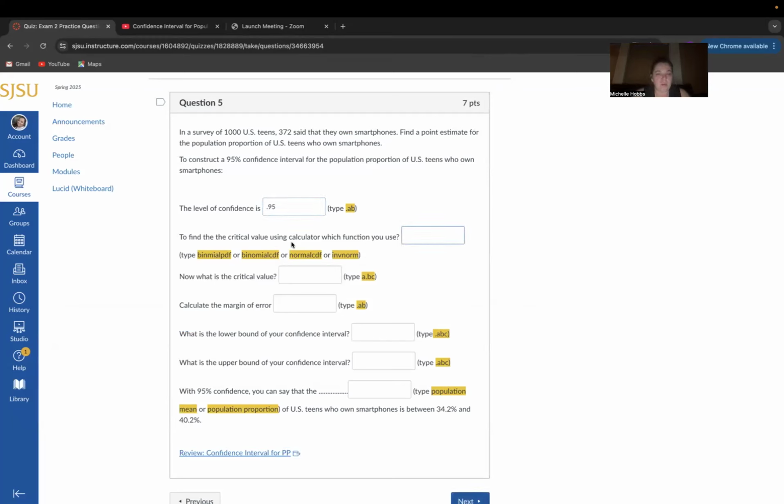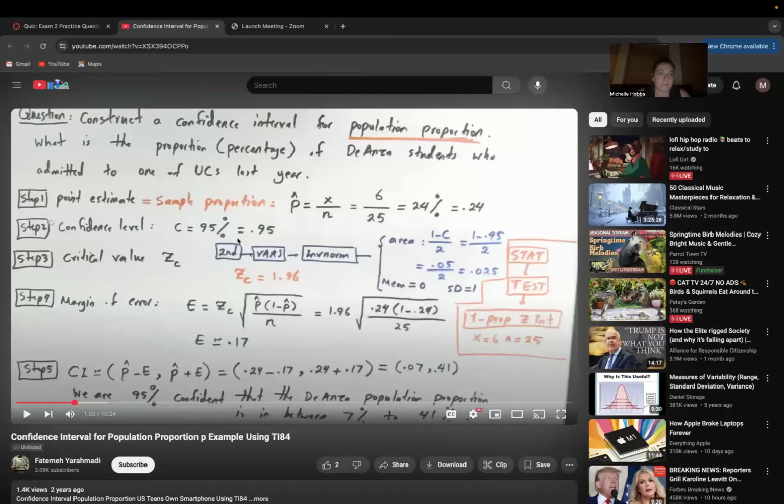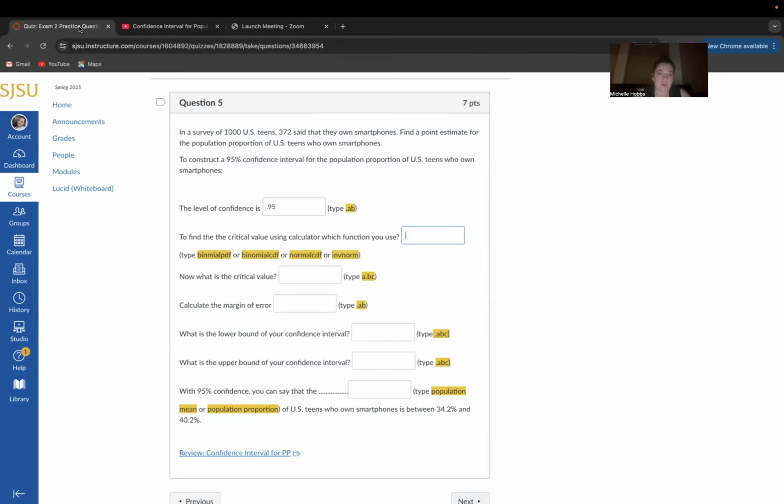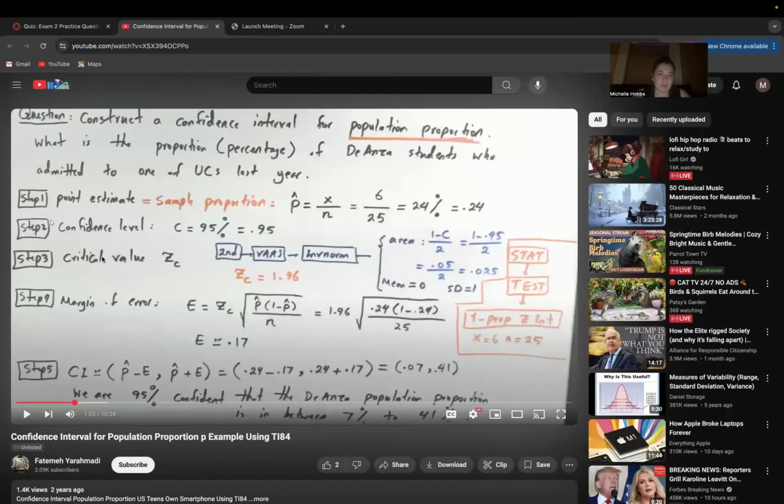And then to find the critical value using the calculator, you're going to use inv norm, because look at critical value here, inv norm.